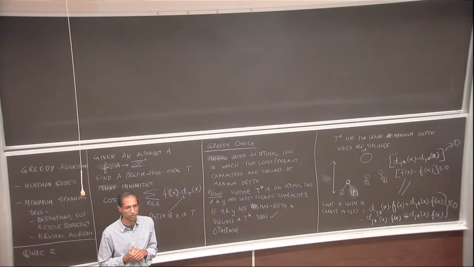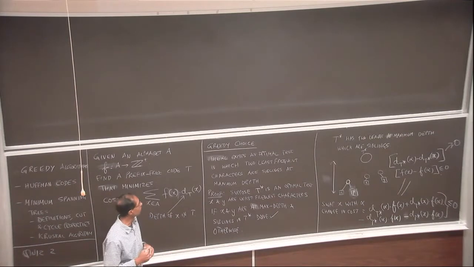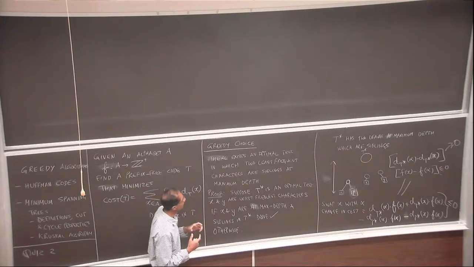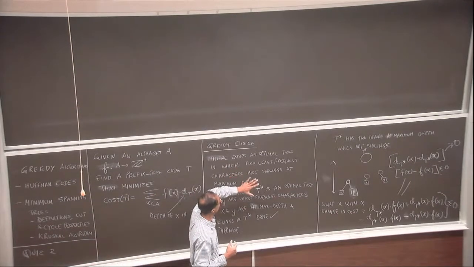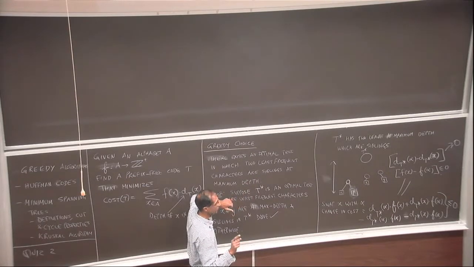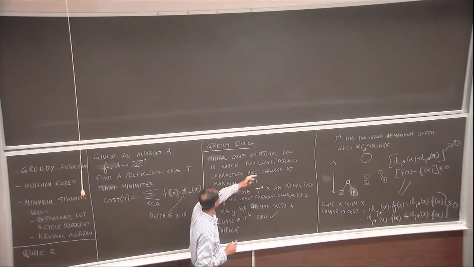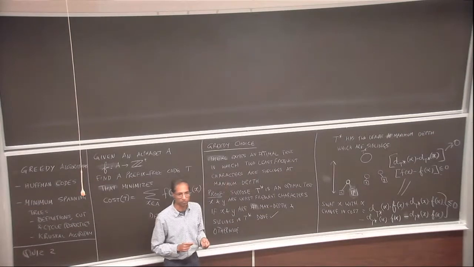Why choose two numbers? Why not one? Why not more than two? So good. We are trying to build this tree. Let's look at the one version. The one version would say there exists an optimal tree in which the least character is at maximum depth.